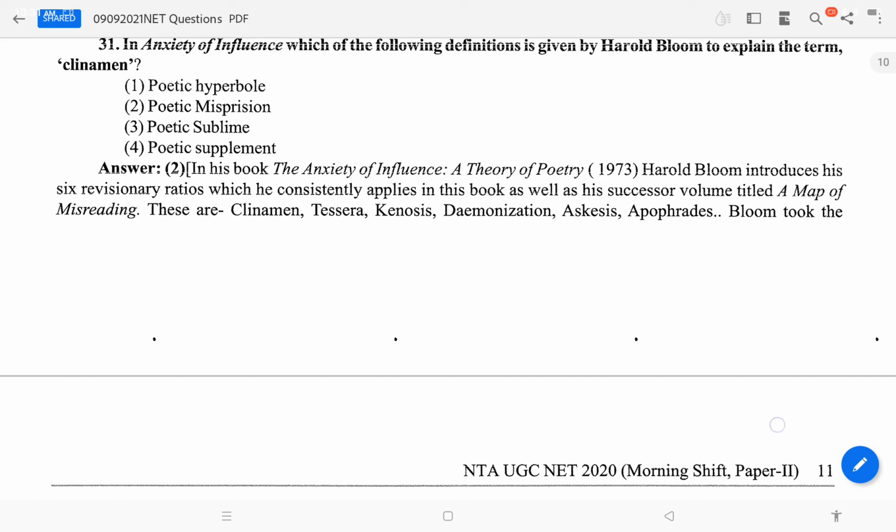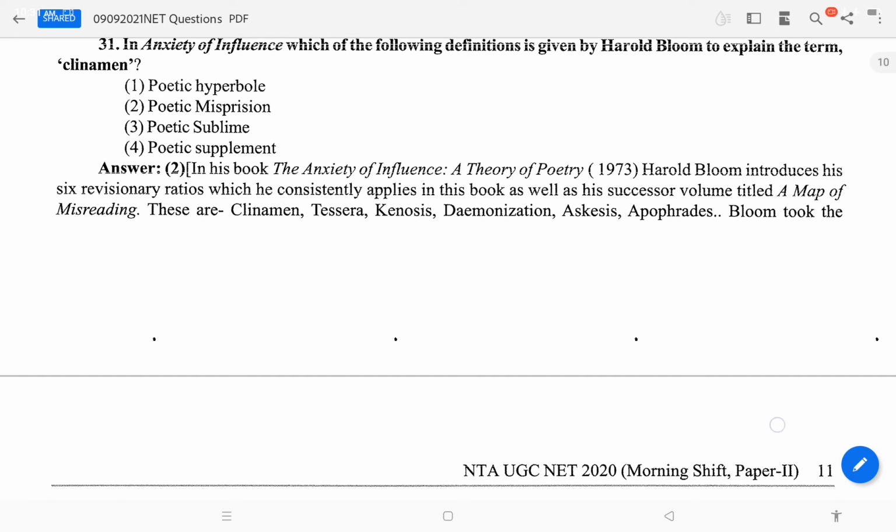Here, Harold Bloom tries to give his opinion on how the young generation took the old generation's books and how they interpret them in different ways.